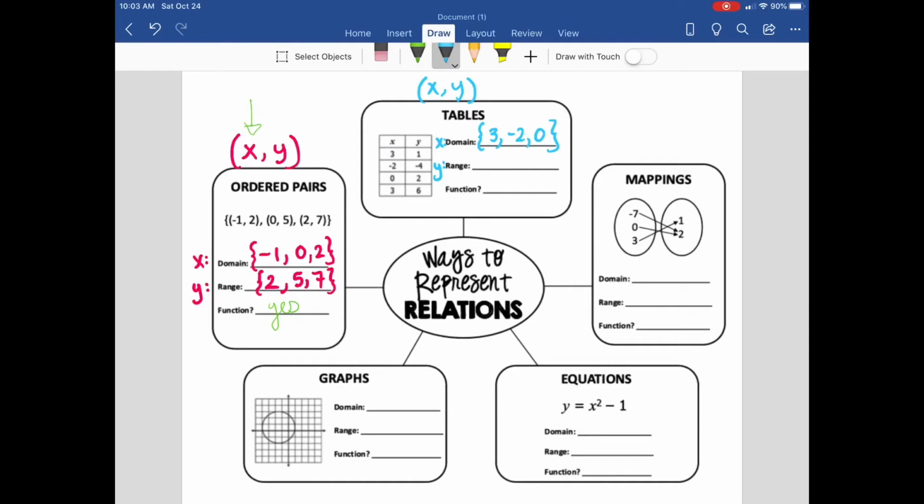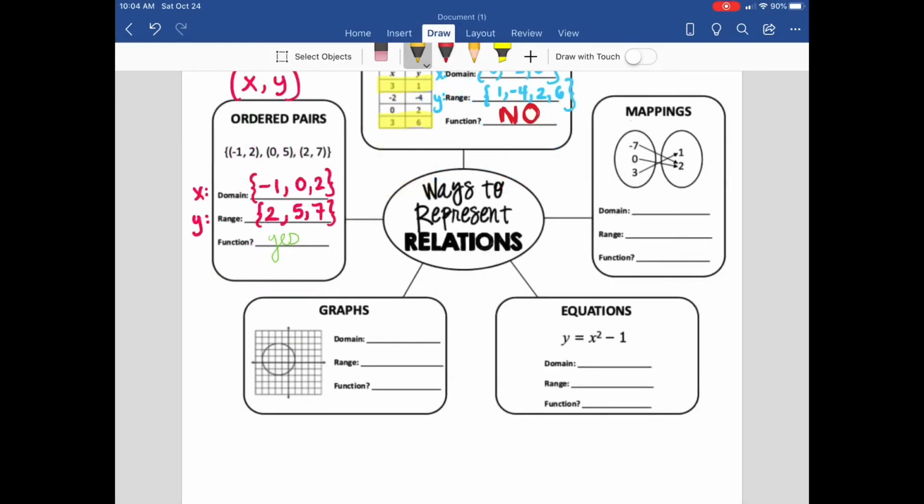So we can see that the range is 1, -4, 2, and 6. Now, is this relation a function? Here is the one thing we want to identify. We saw that 3 maps to 1 and 3 maps to 6. That one input goes to 2 different outputs. So no, that relation is not.